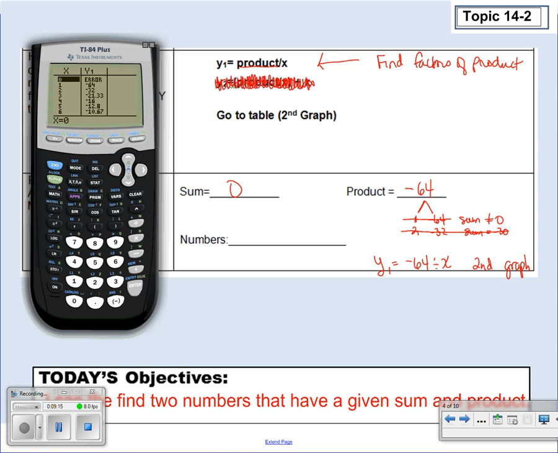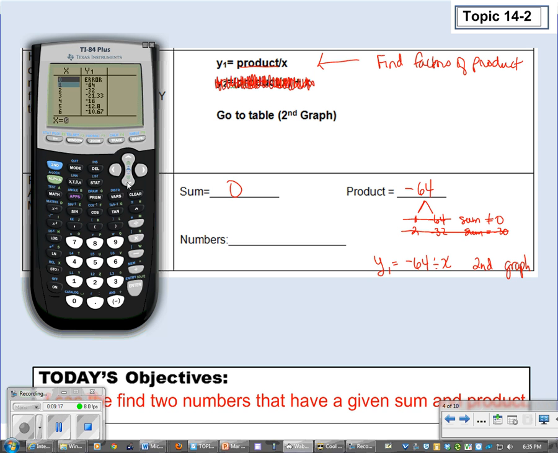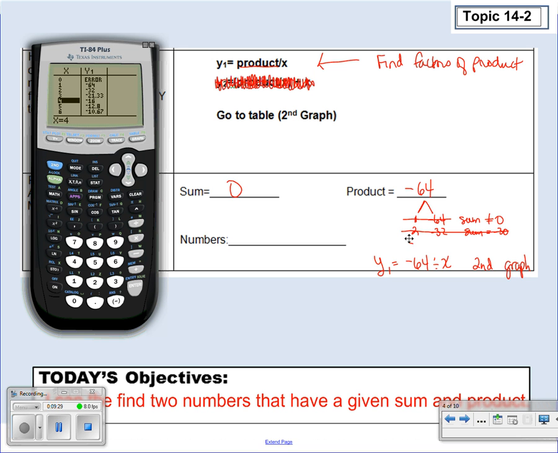I'll look at 3, and when you look at 3, you'll notice that 3 multiplies times some decimal. We're not interested in using numbers with decimals, so we'll skip 3. We'll look at 4, and 4 times a negative 16. But when we add that together, we get a negative 12. Still not the 0. So look at 5.